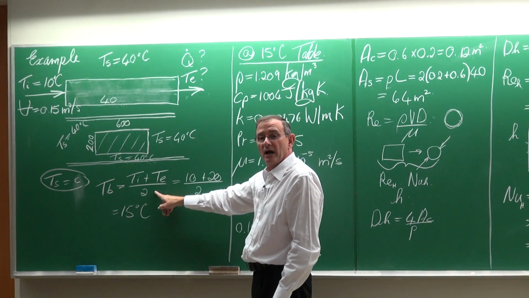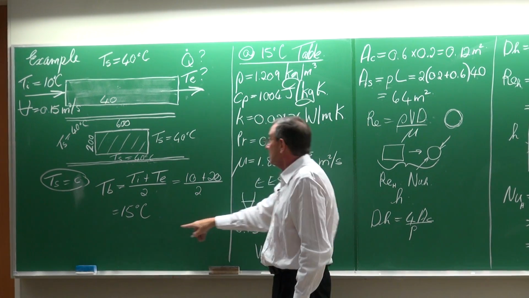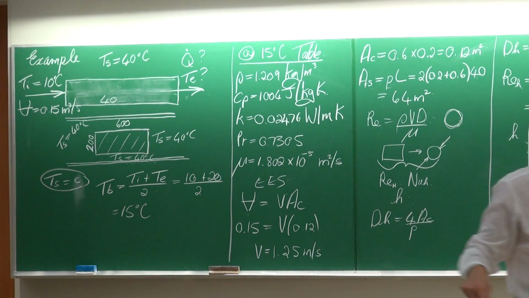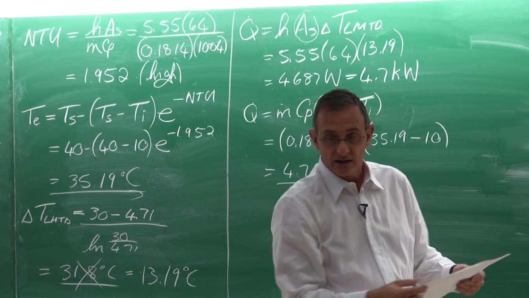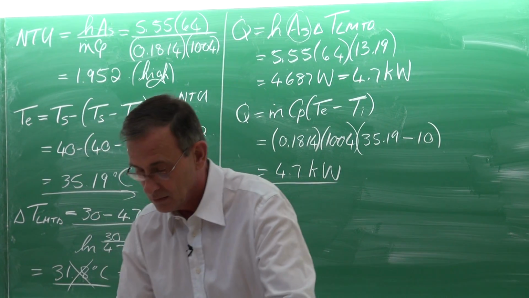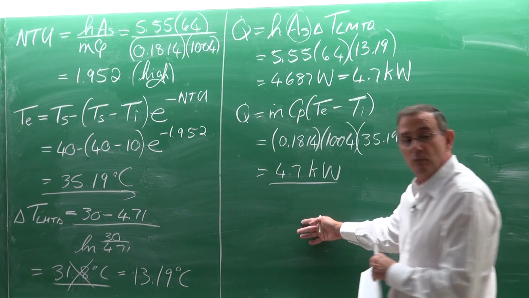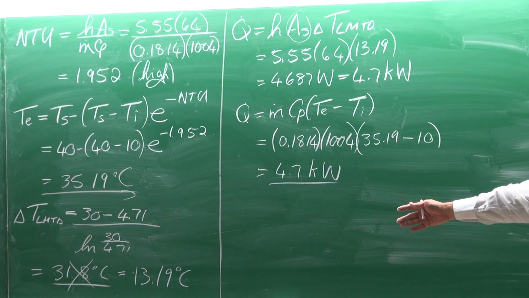So we need to go and get a new bulk temperature. We need to get new properties and redo the problem. Now in the test and exam, I'm not going to expect of you to do that. However, you're definitely going to lose 1 mark if you didn't mention it here to me that you should iterate. Okay?